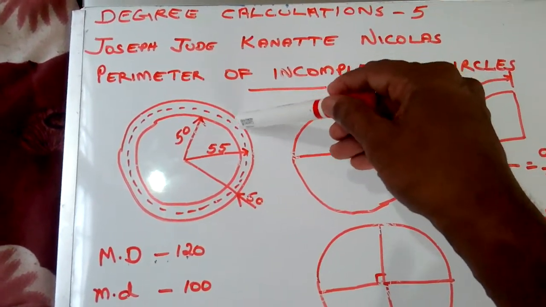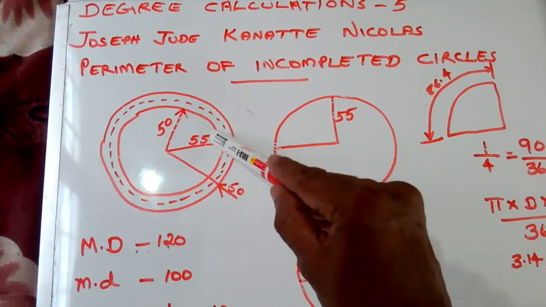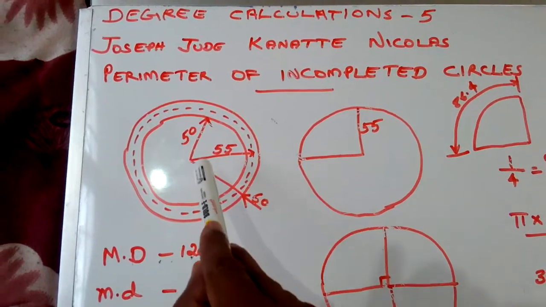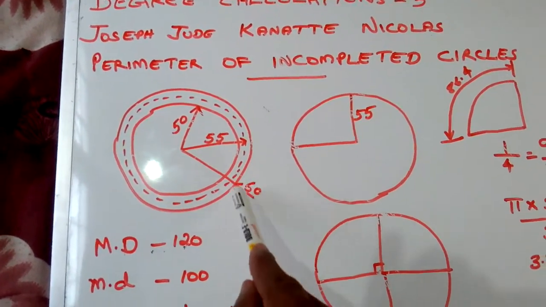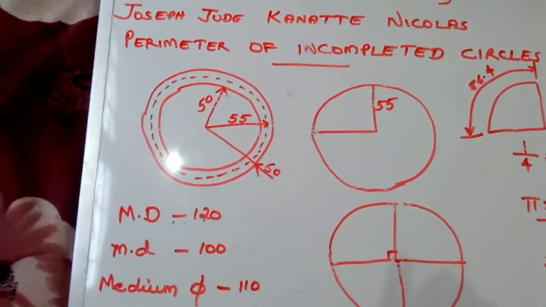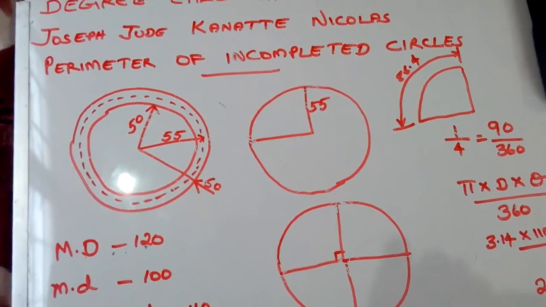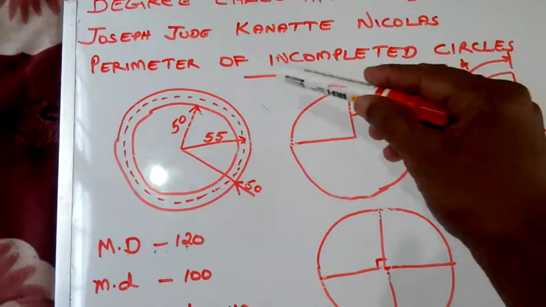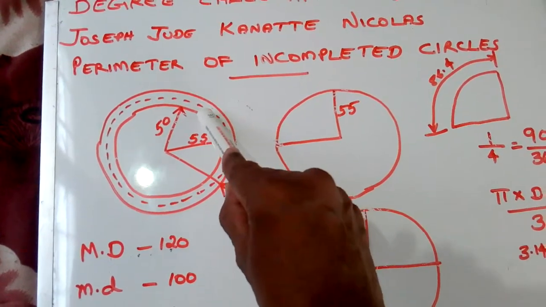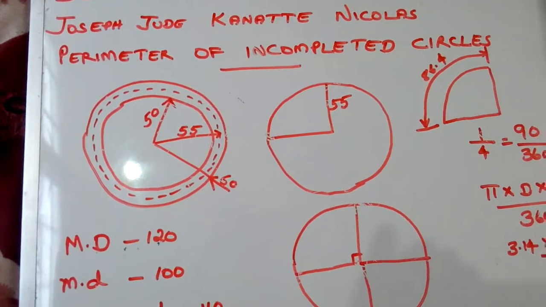It means this outer line has to be a thick line, this inside line has to be a thick line, but this measurement line and this arrow mark have to be thin lines. It shouldn't have more darkness, but this outer line and this inner line around have to have more darkness.